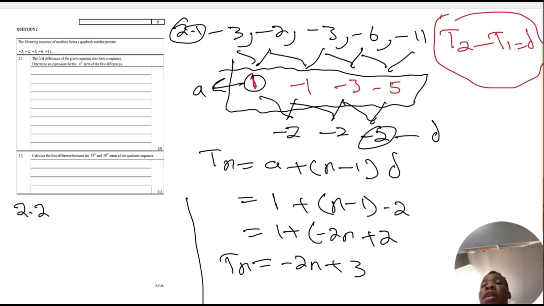Then on the next question, they are saying 2.2, calculate the 35th term and the 36th term of the quadratic sequence using this formula. So we will have Tn equals to negative 2n plus 3.